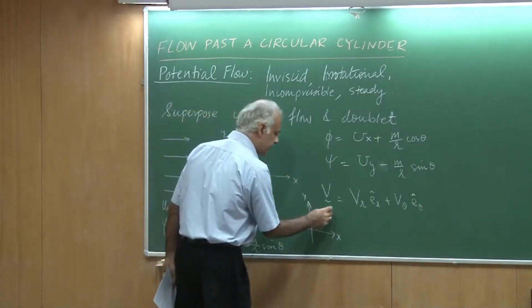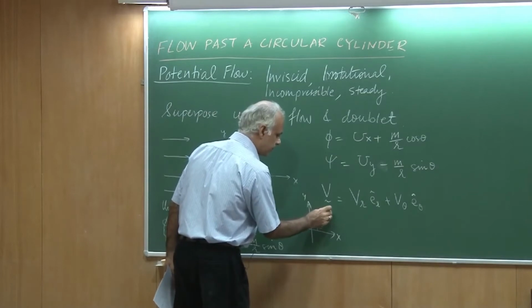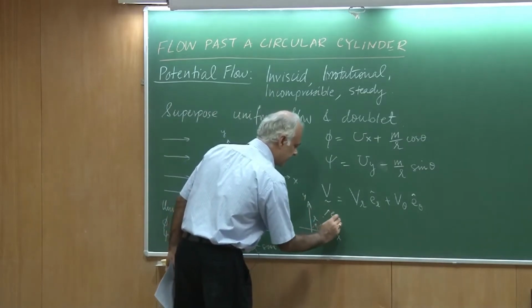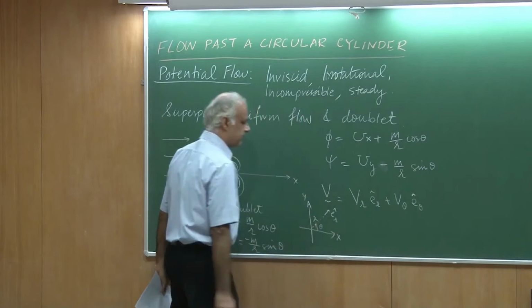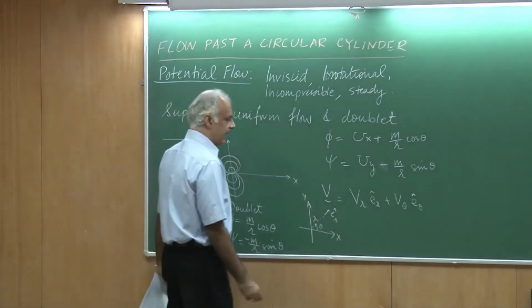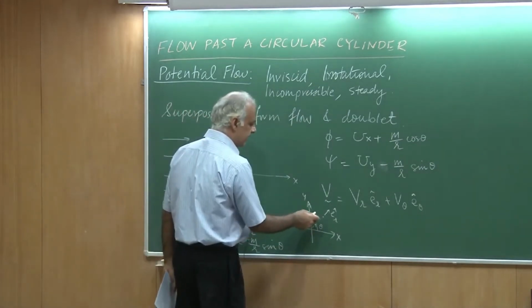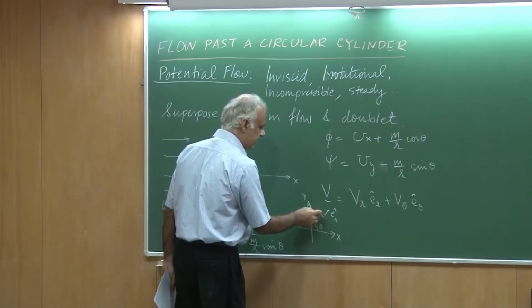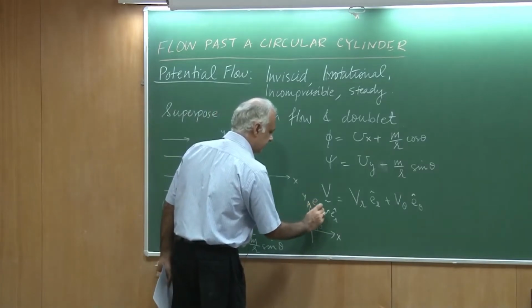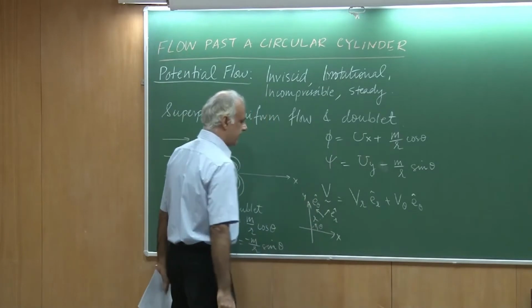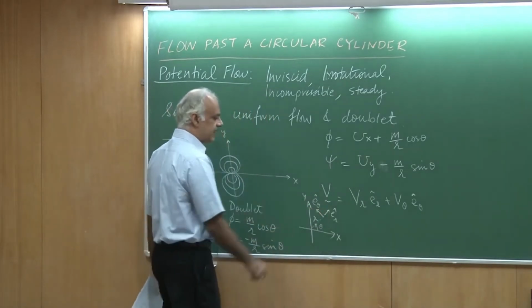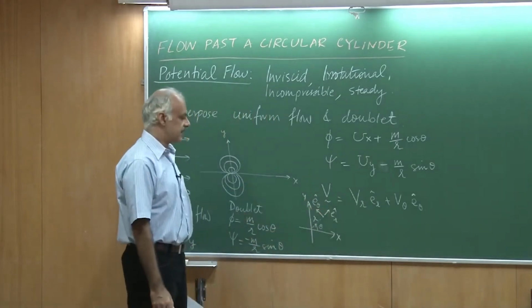The decomposition is such that I can talk about a unit vector Er, which is radially outward, and then E theta is a unit vector in this direction, and Vr and V theta are the velocity components in these directions.